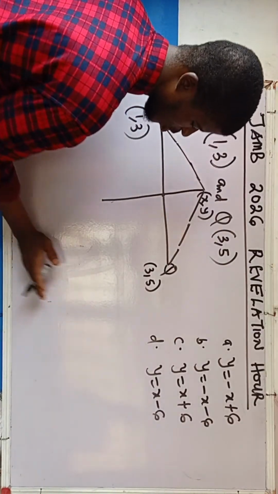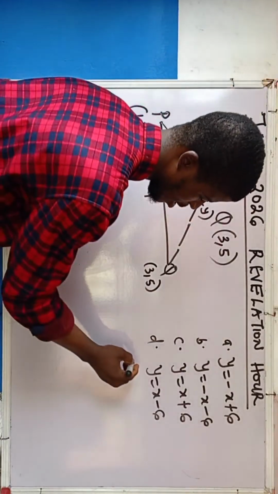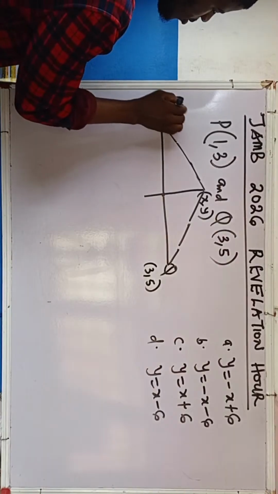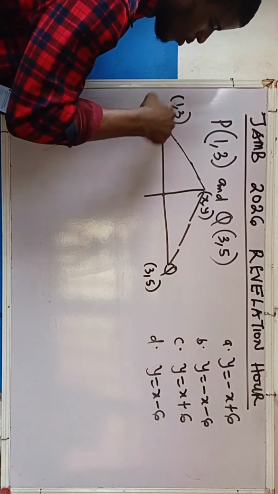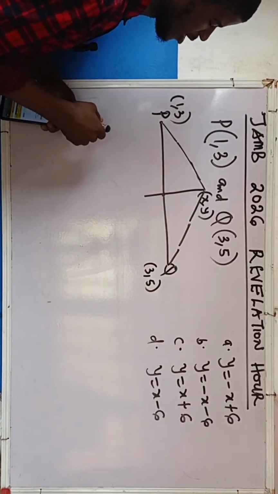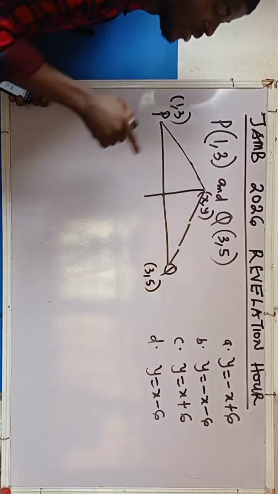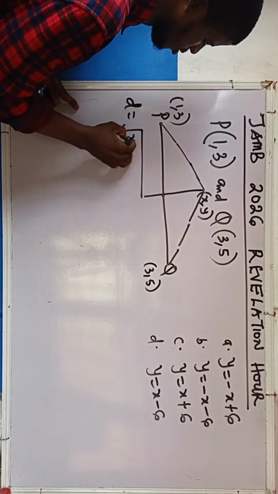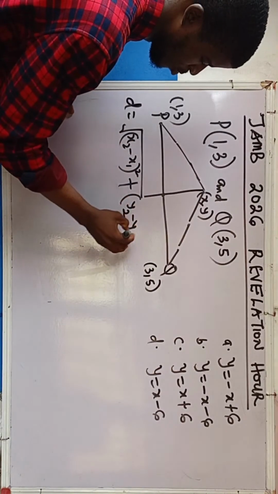And remember, in coordinate geometry, the distance between 2 points has a formula. The equation of the locus: the distance between these 2 points is equal to the distance between these 2 points. The distance is the square root of (x2 minus x1) all squared plus (y2 minus y1) all squared.